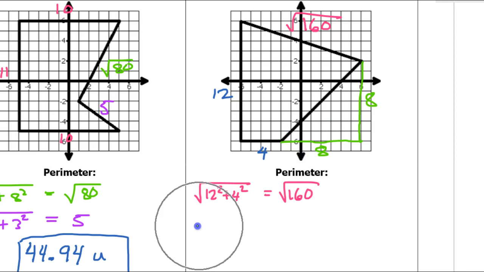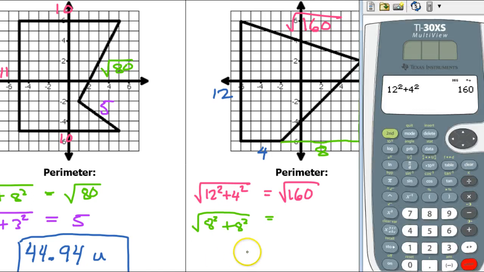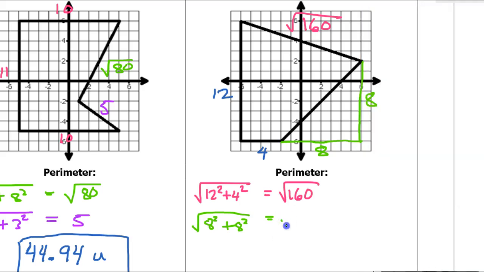So I'll just pretend like I don't know that, and I will just do the Pythagorean theorem. So this is 8 squared plus 8 squared. That's 128, so this is the square root of 128.